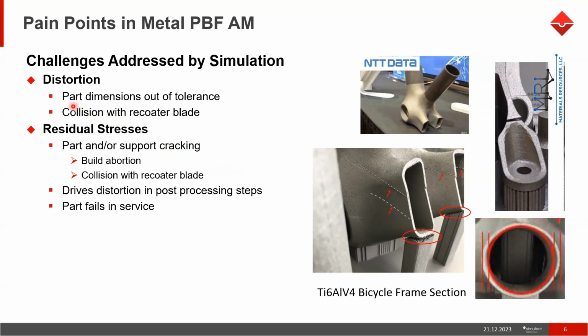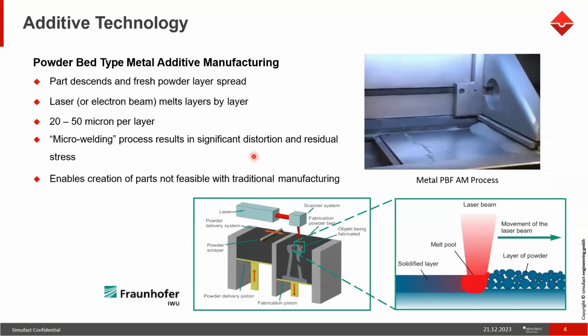So mainly the challenge that they face is distortion, with parts going out of tolerance. Another challenge is collision with the recoater blade. I showed in the previous slide that there is a recoater which will come and deposit the material on this particular base plate.